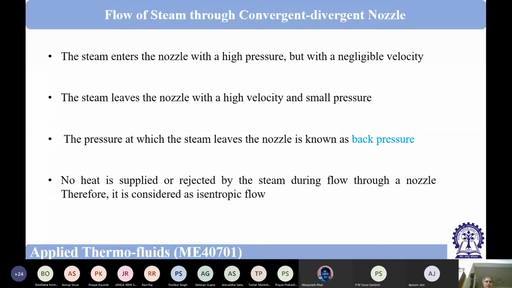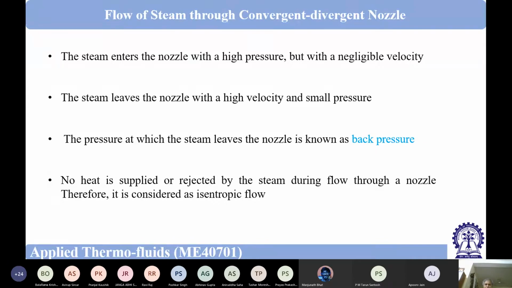The steam enters the nozzle with a high pressure but with negligible velocity. In most of the analysis, we assume that steam enters the nozzle with zero velocity, and that is called the stagnation condition. Steam leaves the nozzle with a high velocity and a small pressure drop. The pressure at which the steam leaves the nozzle is known as back pressure. We assume that the nozzle is insulated.